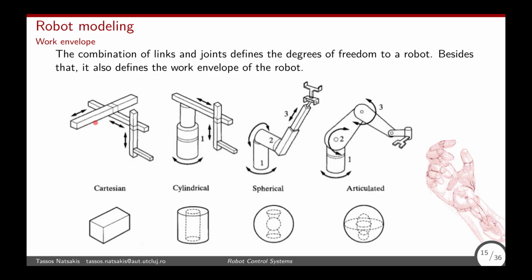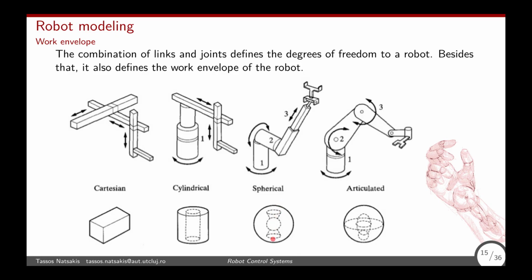So for instance, if we have what we saw also in the first call, a Cartesian robot, which basically constitutes of 3 prismatic joints, so these 3 translations, we will end up with a box or a parallelepiped as the work envelope. So that's the volume that the tip of the robot, the end effector, can reach, right? If we have a revolute and 2 prismatic joints, we will end up with a hollow cylinder, right? If we have 2 revolutes and a prismatic, I will have something like a sphere, but with some gaps in between.